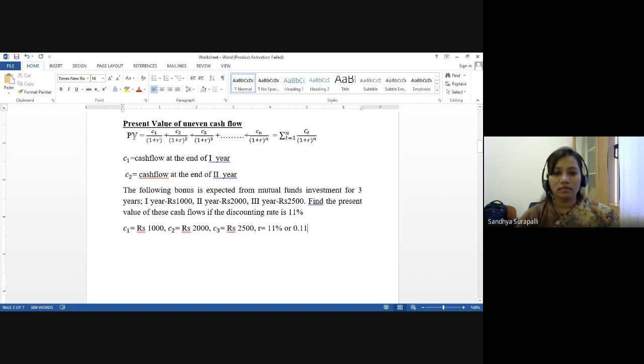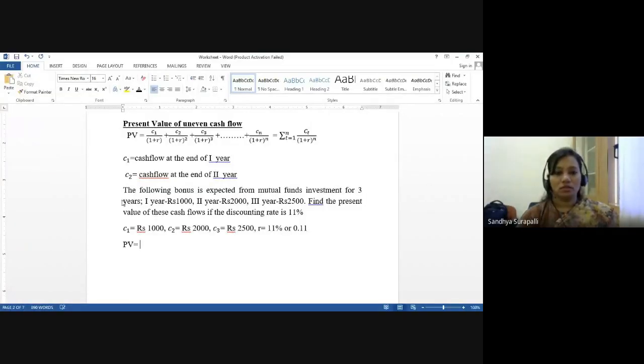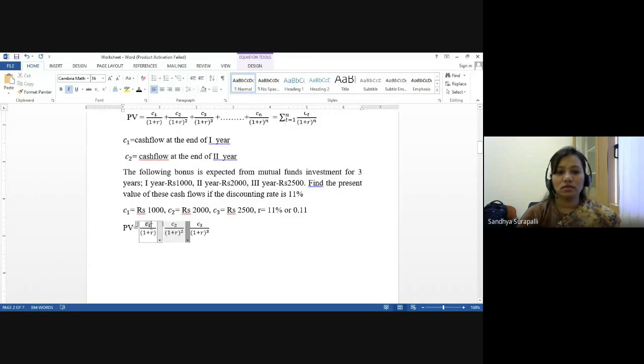So can you try it? The present value will be equal to cash flow 1, which is 1000, divided by 1 plus R, where R is 0.11.